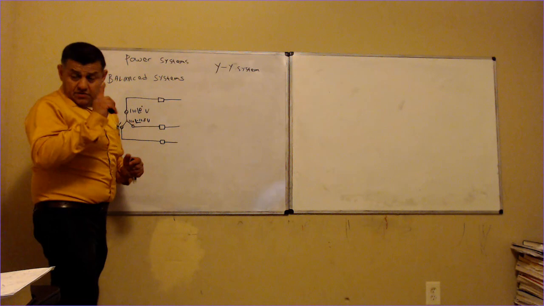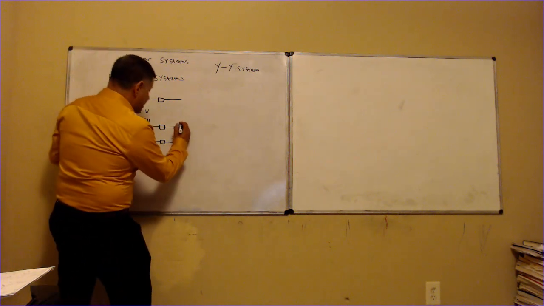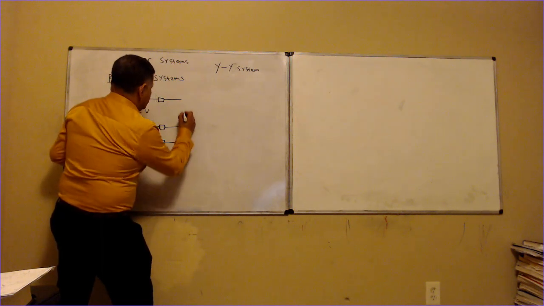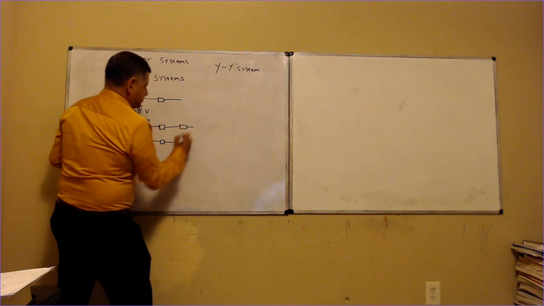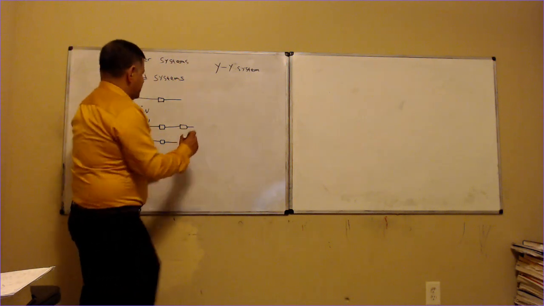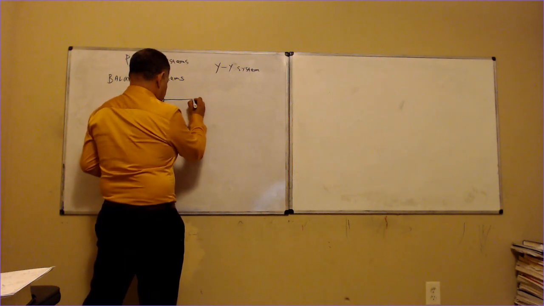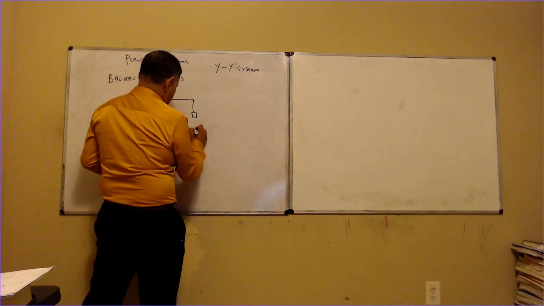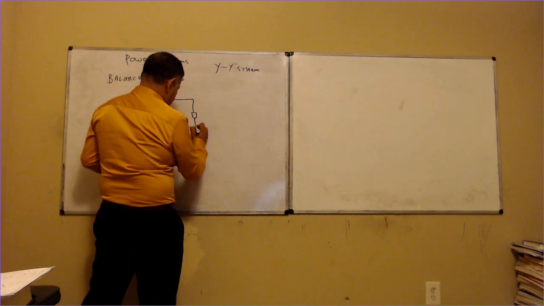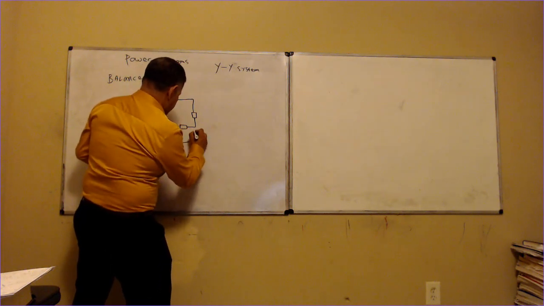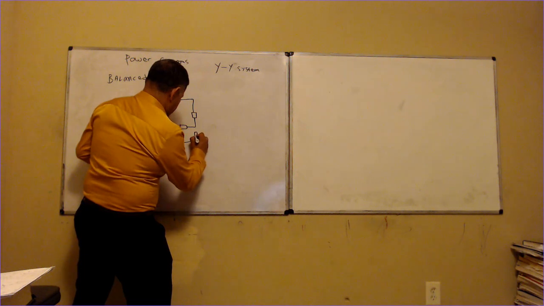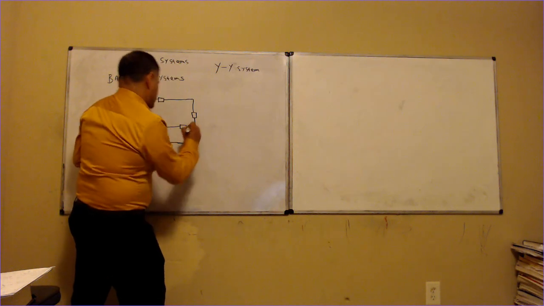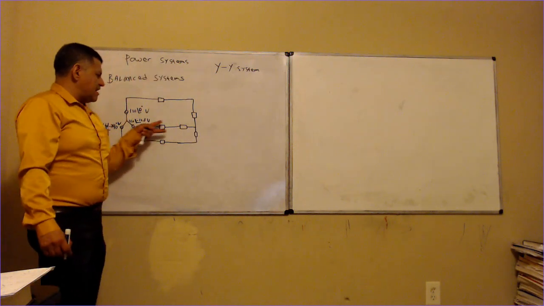So let's continue. Right here we have something like this, and then we drop another right here, and we got something like this. It looks almost like a Y, right?